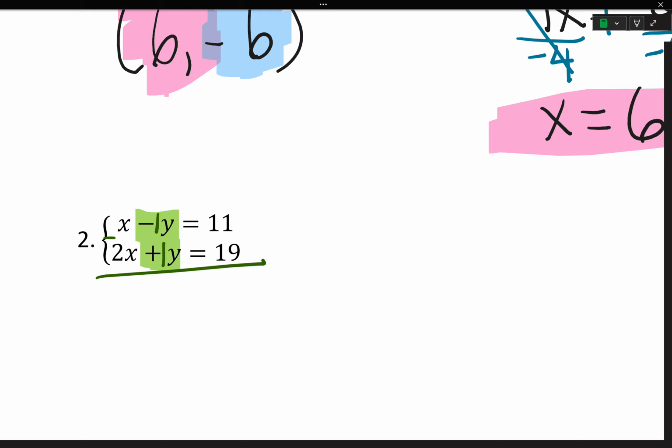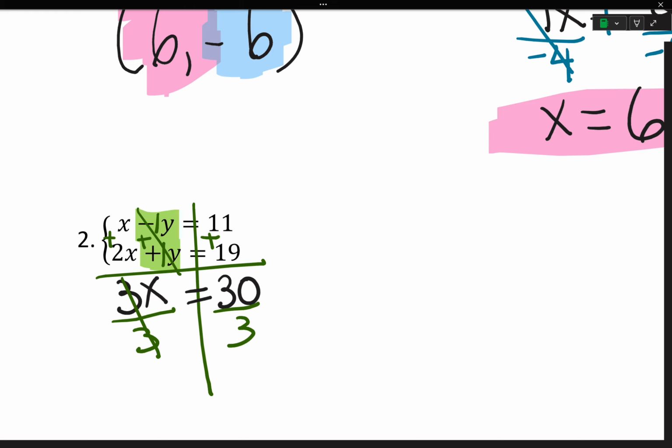All right, since we've got opposites, we can add. x plus 2x is 3x. Negative 1y plus 1y is 0. And that equals 11 plus 19, which is 30. All we got to do to find x now is divide both sides by 3. x equals 10.